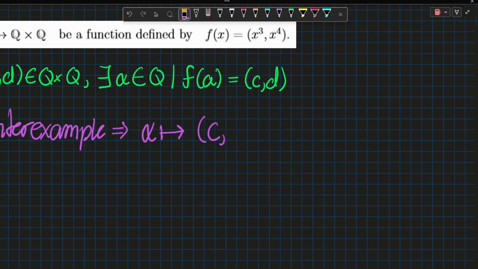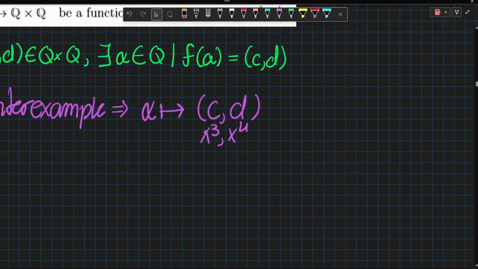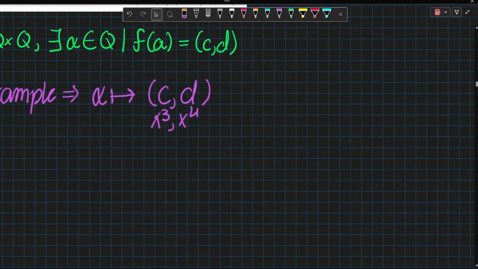And we know this takes the form (x cubed, x to the 4). Now immediately here, you can say that the x cubed maintains the signs, however our x to the 4 here does not.